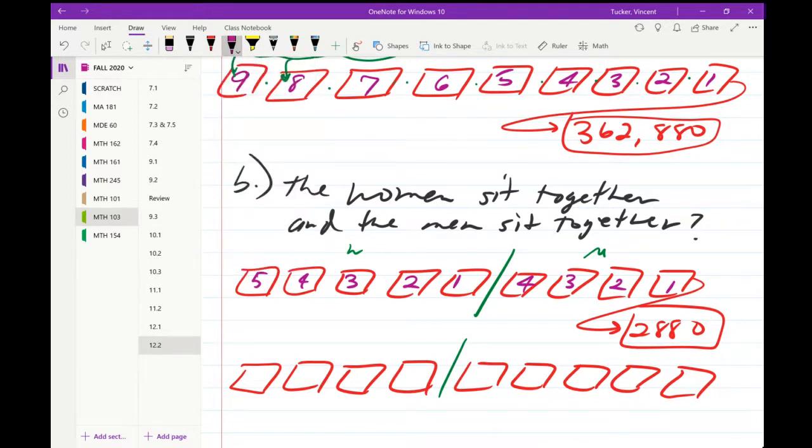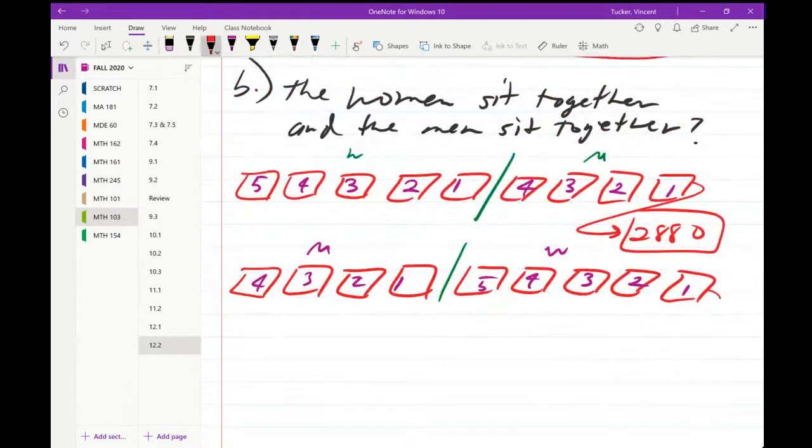It didn't say which group had to sit first. So this is our men, this is our women. So 4, 3, 2, 1, and 5, 4, 3, 2, 1. If you multiply those together, you should get that same number of 2880.